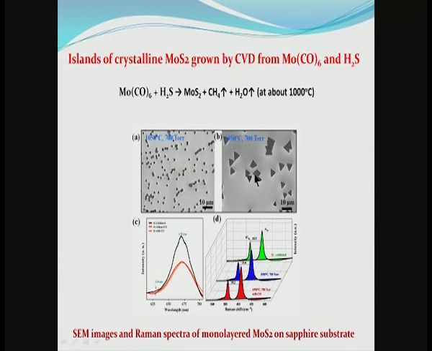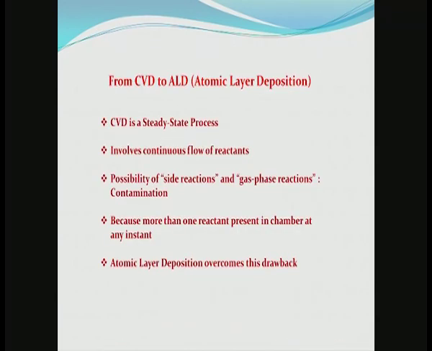What you see in these SEM micrographs are monolayer pieces of very well shaped triangular MoS2 layers, and below are Raman spectra of these monolayers, which can be interpreted to tell us whether it is a single layer, double layer and so on, and these happen to be single monolayer molybdenum disulfide layers.